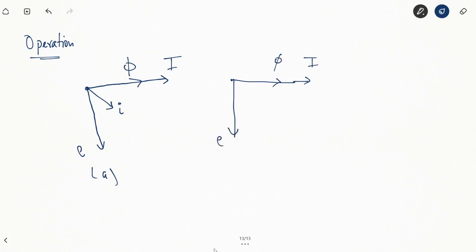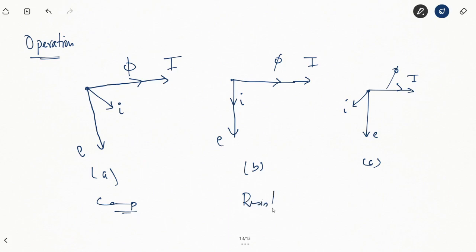We can have a scenario where E is in phase with this current. We can have a third scenario where i is actually lagging behind the E. So you have this case where the moving coil circuit is not purely capacitive but capacitive, or it's purely resistive, or it is more inductive.